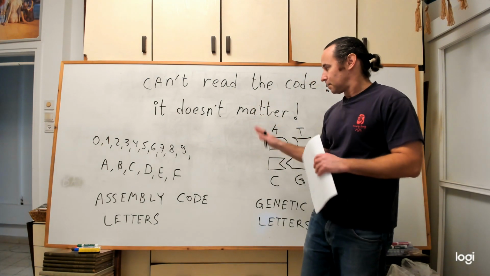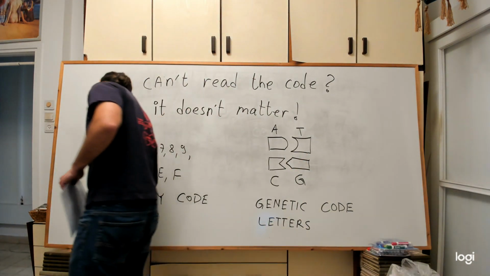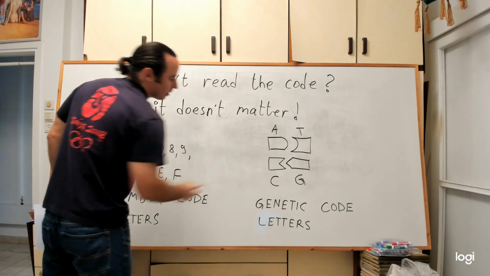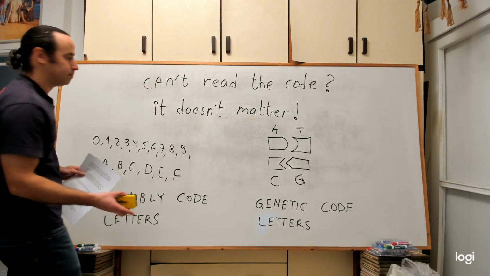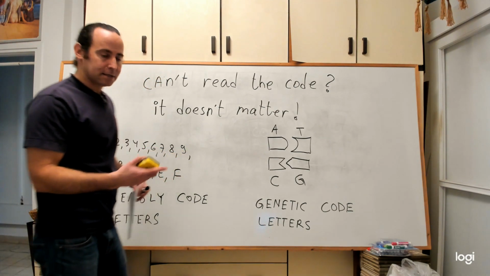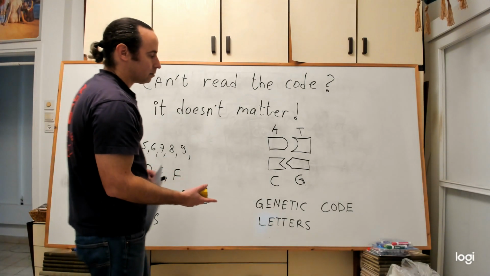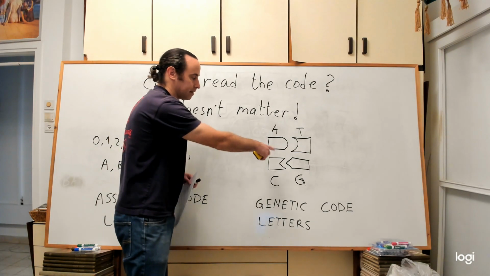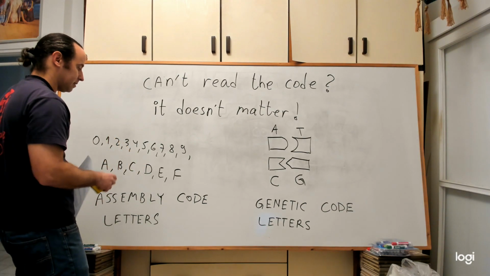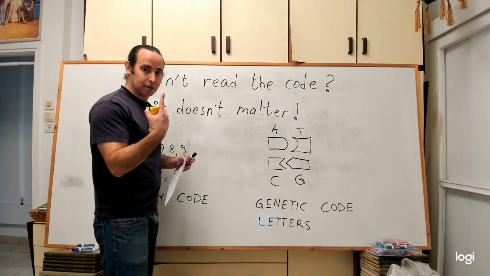Let me erase this and draw you schematics of how it works. So you see the resemblance, few letters, and it's like a code. A line of code in assembly would be one of these. A line of code in the virus would be one of these. I'm simplifying. It would be like 2 of these, and this will be 2 of these. But to ruin it, you just need to ruin 1.